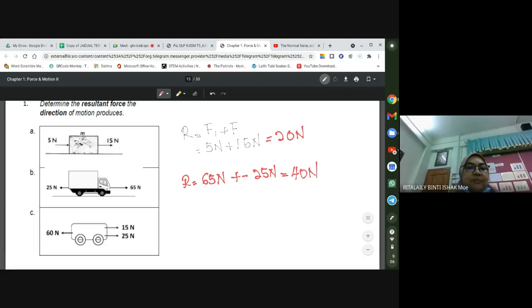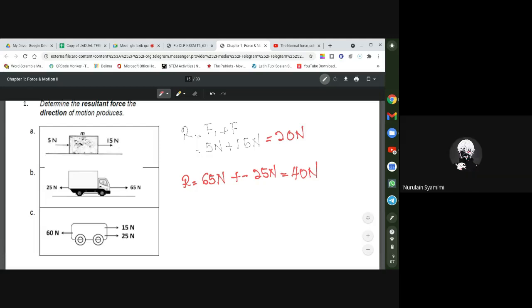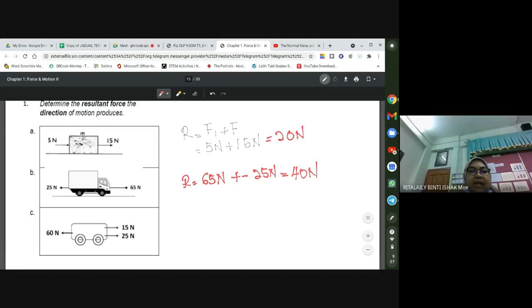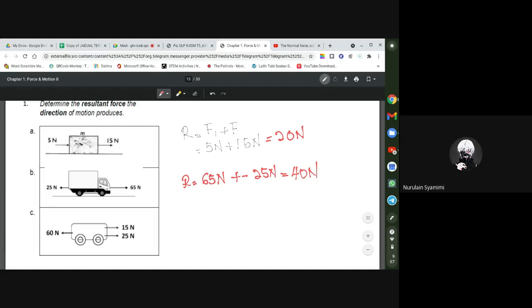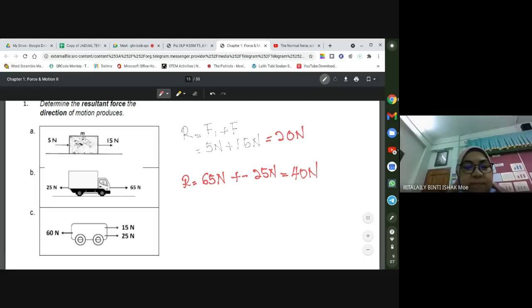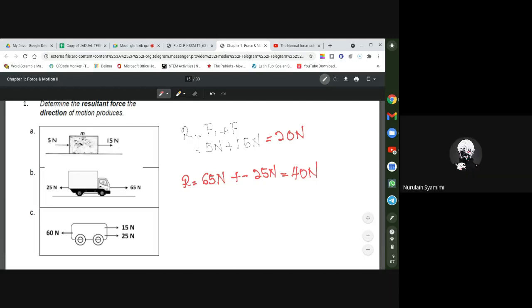Okay, very good. And then as for C, Nurul Ain, what is the resultant force? Negative 20 Newton. Okay, negative 20 Newton. How do you get negative 20 Newton? Negative 60 Newton plus bracket 15 plus 25 Newton.